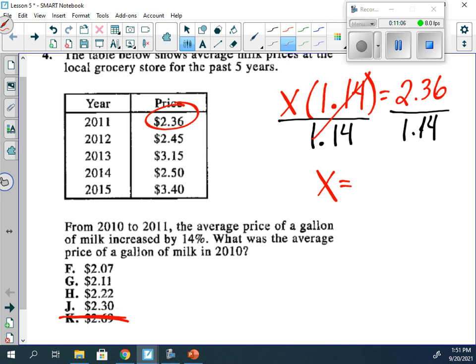These would cancel, telling us that x is equal to what? 2.07, so the correct answer is F. Questions on this here? Are we ready for the next one?